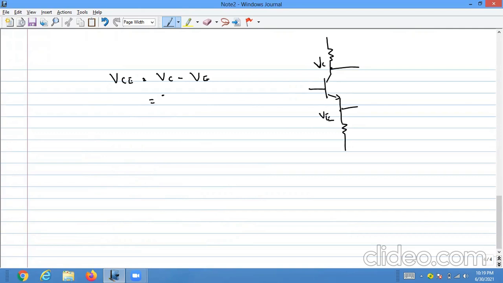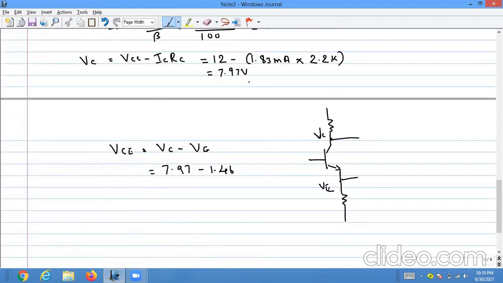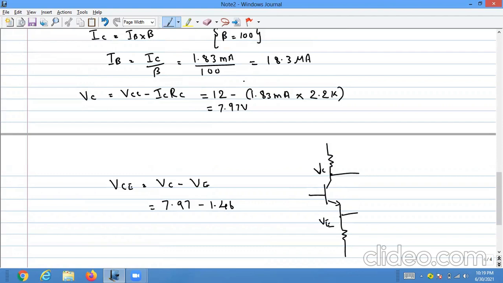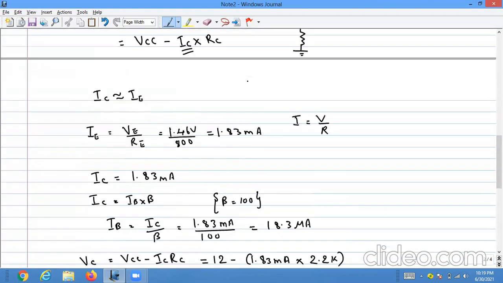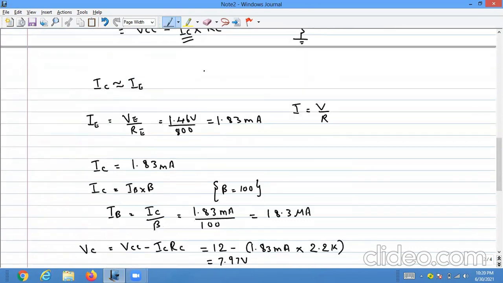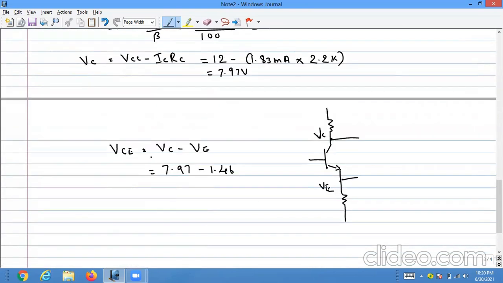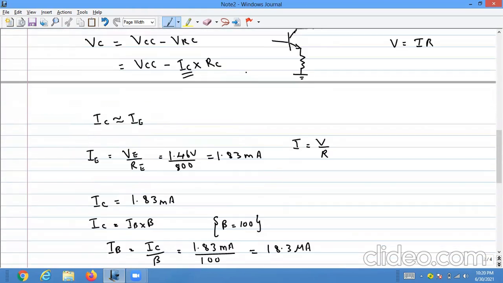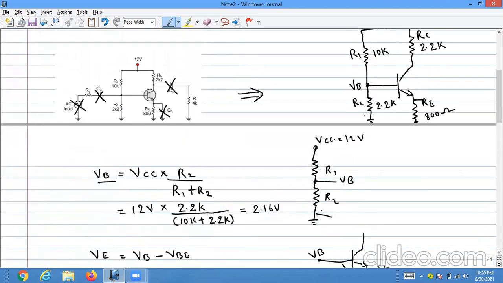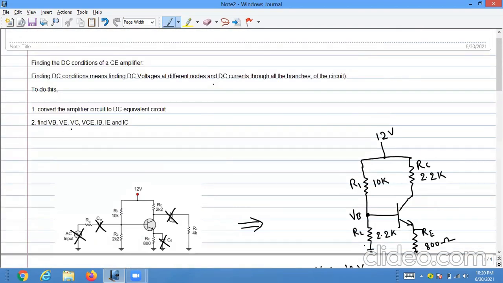VC I already found as 7.97 volt and VE we found as 1.46 volt. Once you do this, you will get an answer of 6.51 volt. So we have found all the parameters, that is VB, VE, VC, VCE, IB, IE and IC.